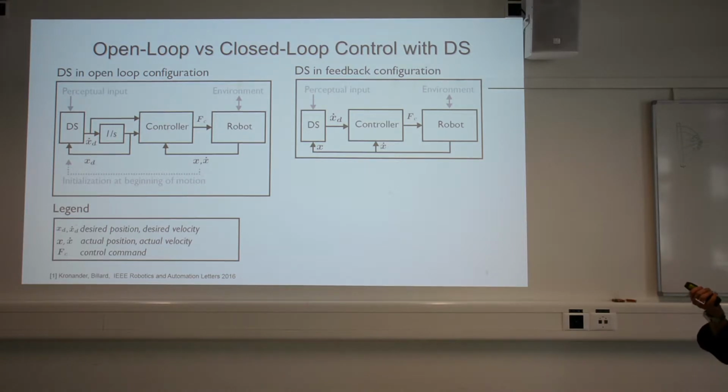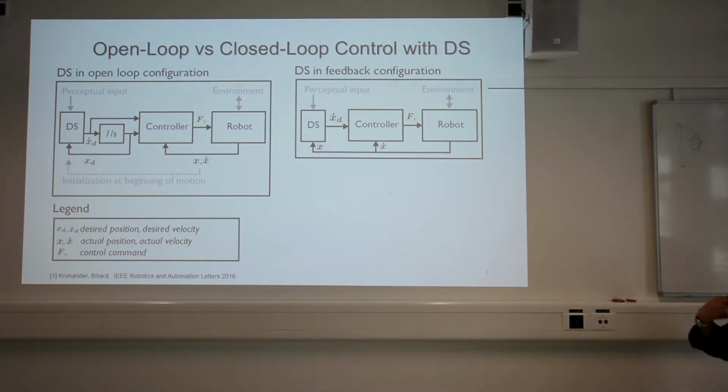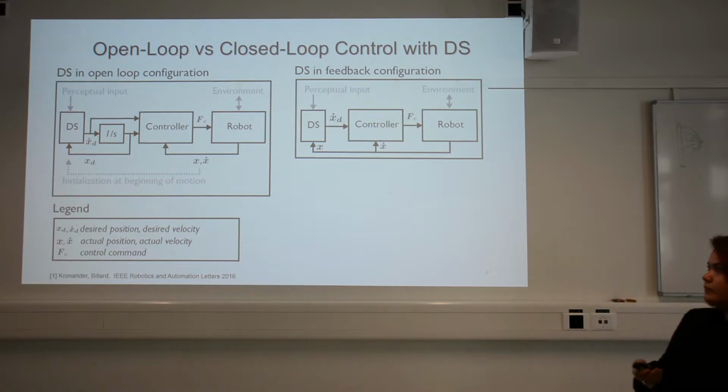However, if we have this type of architecture where we close the loop and feed back the actual state of the robot to the dynamical system, then we are robust to perturbations in the environment, changes in the target, and also perturbations on the robot arm itself.